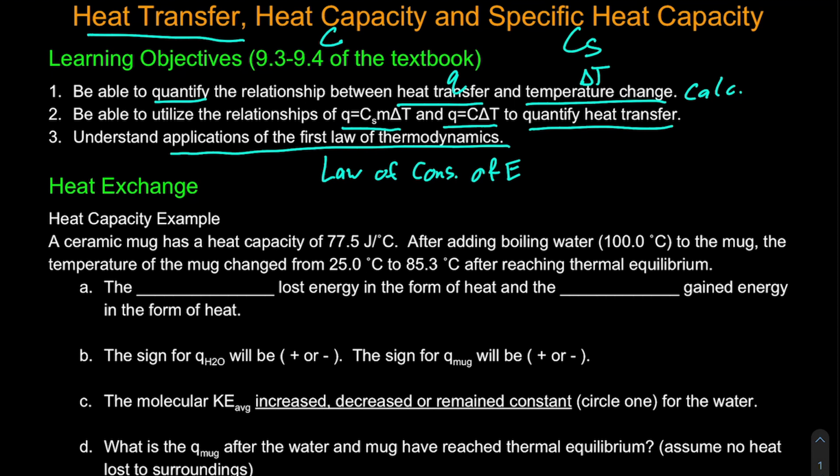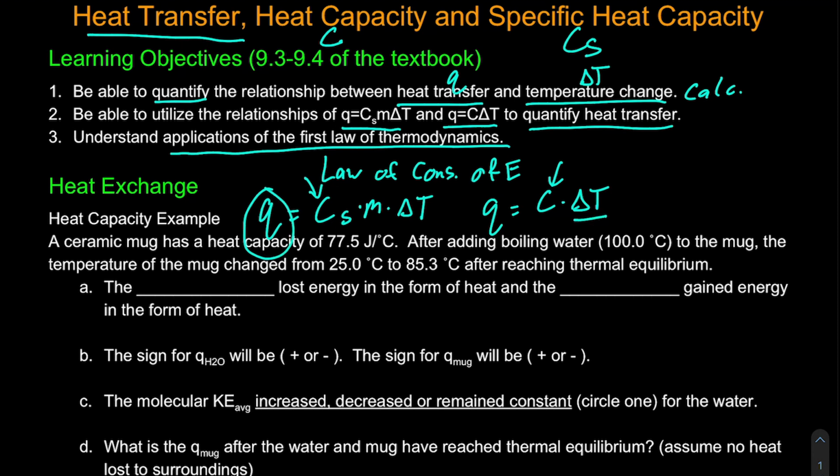So again, we're going to use these two relationships, Q equals Cs m delta T and Q equals C delta T. Reminding us, these are both conversion factors, our specific heat capacity and our heat capacity, between how much heat is transferred and our change in temperature.